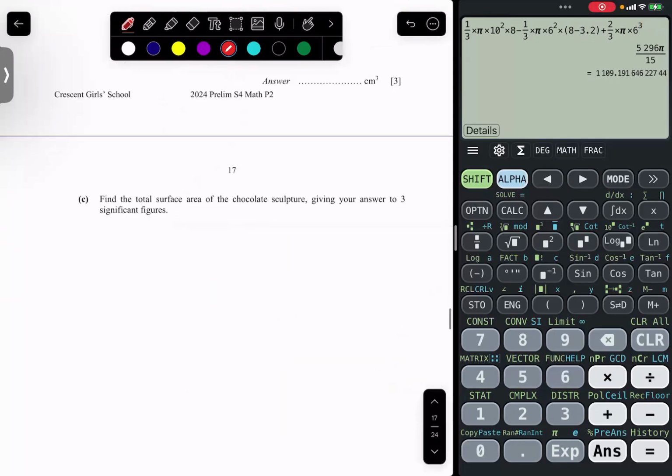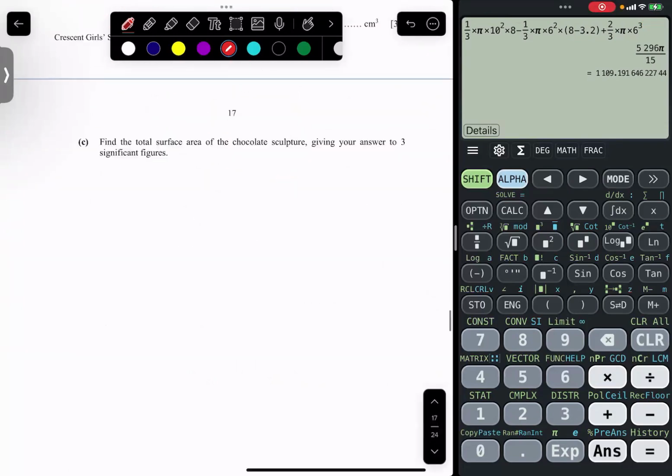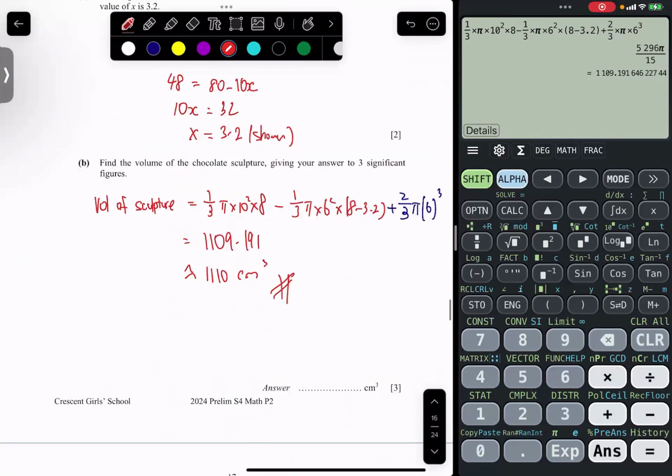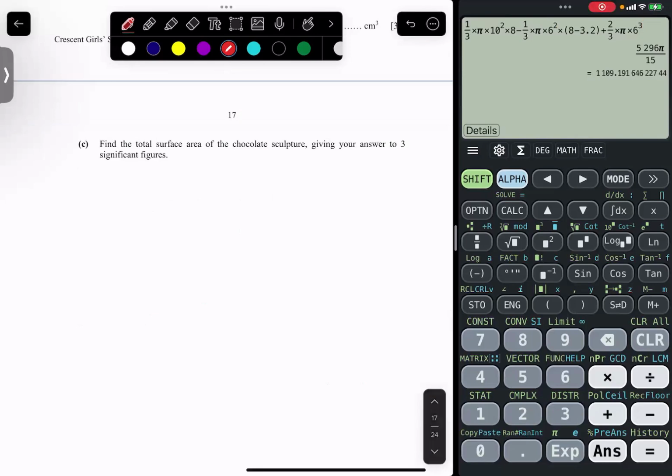Find the total surface area of the chocolate sculpture, giving your answer to 3SF. The surface area, this one will be basic, because this is actually quite simple.